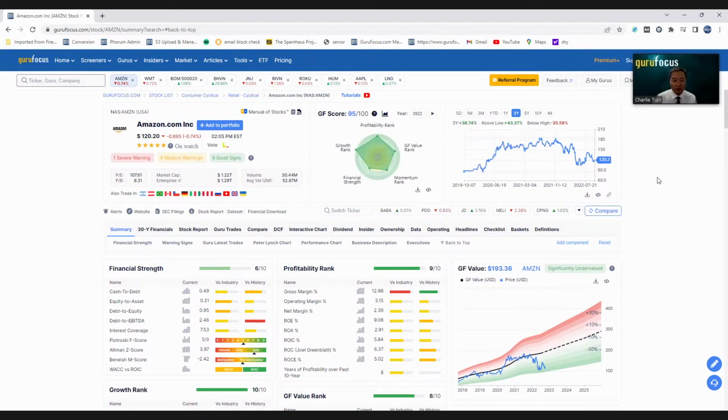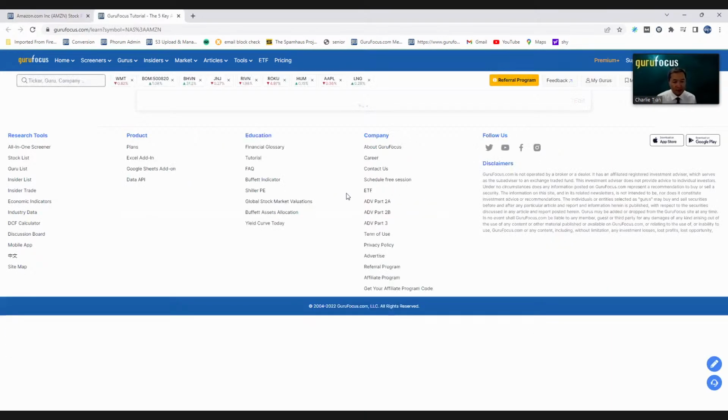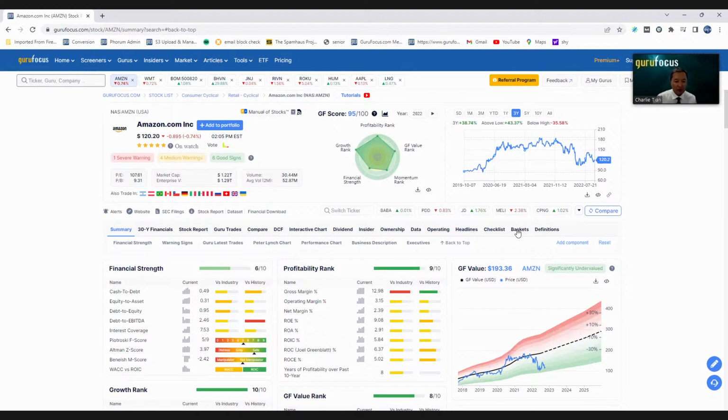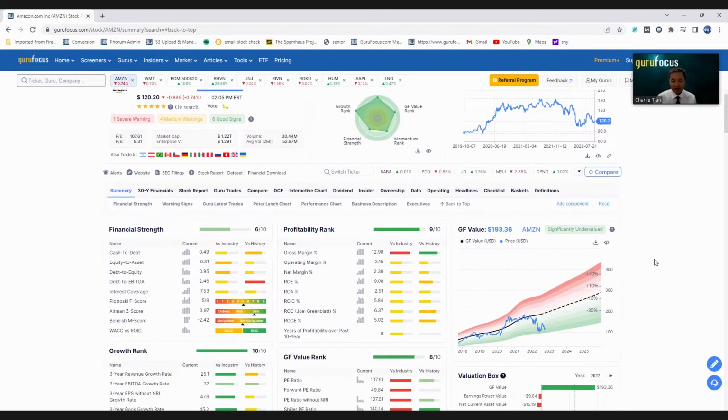If you want to learn more about the GF Score, always click on this help icon there to explain the details of how the 5 aspects of the GF Score are mirrored: the growth strength, the financial strength, the momentum, the GF Value, and profitability. How they are ranked, and how important each one of them is.